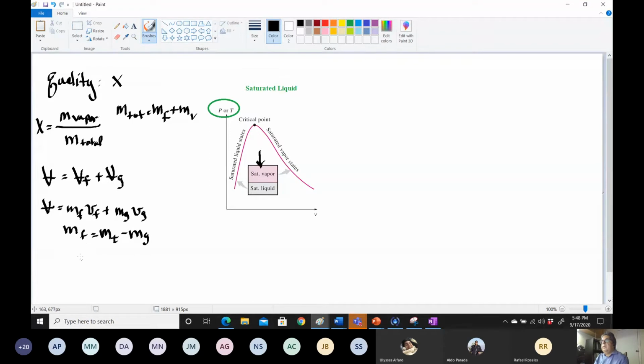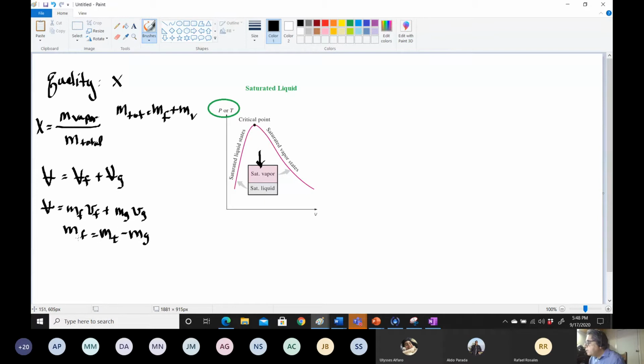So that way, if we do an equation, we can get rid of the mf, mass of the liquid, and just have it in terms of mass total and mass of the vapor. All right, so I'm basically coming up with the expression of how to solve some of these problems using quality. All right, so we have that.